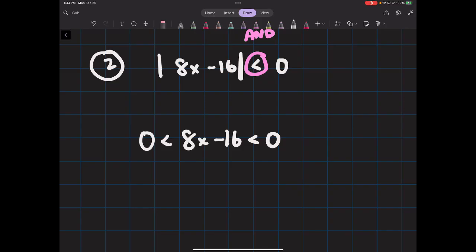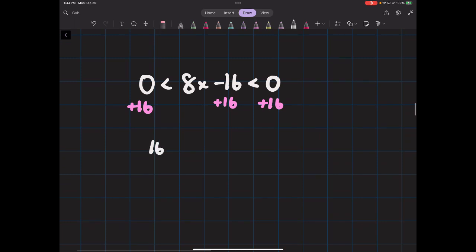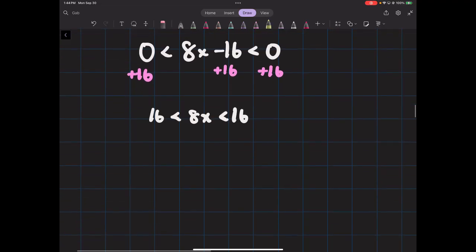Okay? Okay, so let's try solving it. See if that helps us. So how would you solve this? Add the 16. Which is 16. Okay, does that help us? Okay, solve for x. Divide everything by 8.